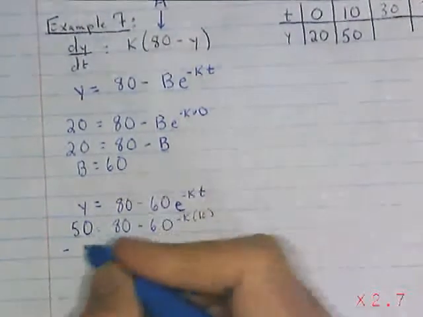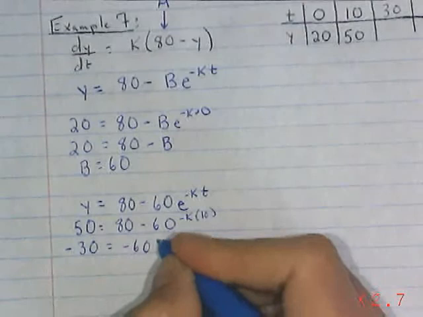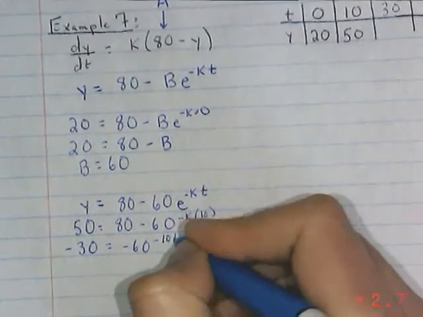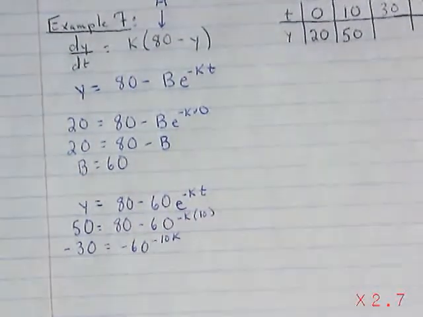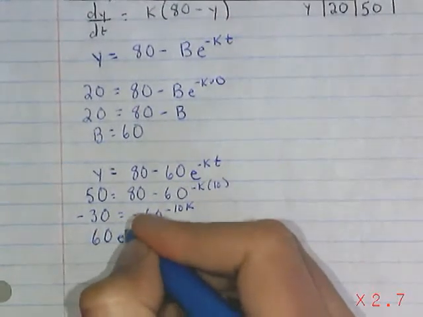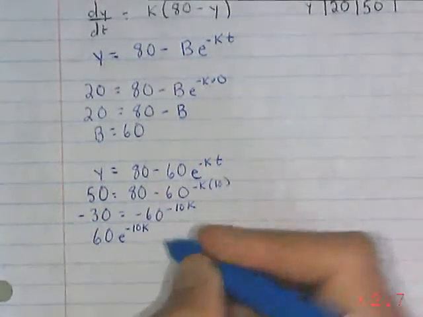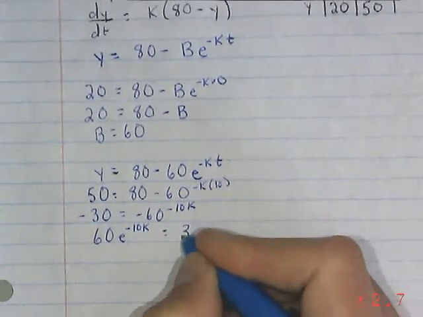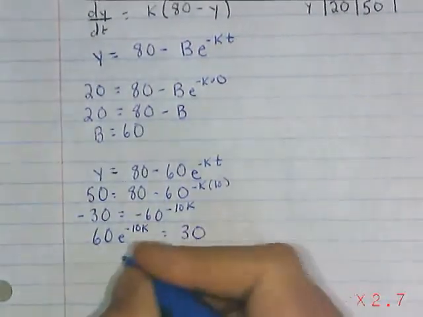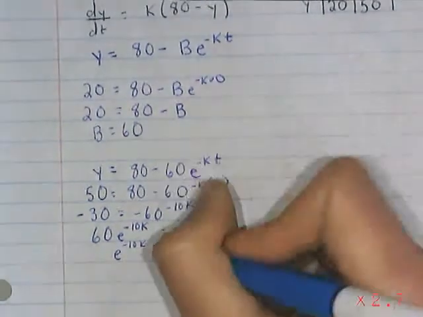Negative 30 is equal to negative 60 e to the negative 10k. Throw a negative across the whole thing and say that positive 60 times e raised to the negative 10k is equal to positive 30. And so e raised to the negative 10k is equal to 0.5.